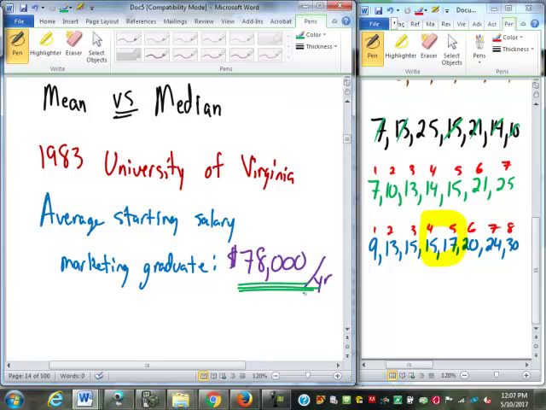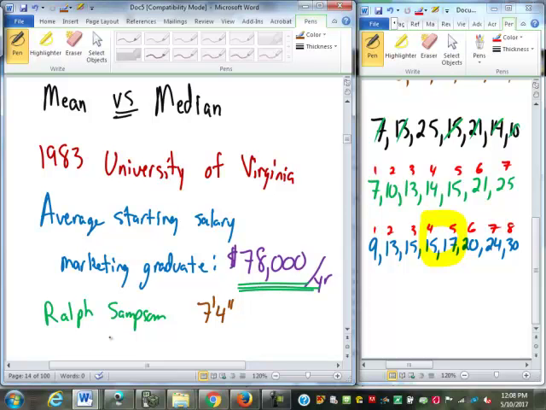But what they did not disclose was that one of the graduates that year, and actually did graduate with their degree in marketing, was a young man by the name of Ralph Sampson. Mr. Sampson was 7 foot 4 inches tall and had been the two-time NCAA basketball player of the year.